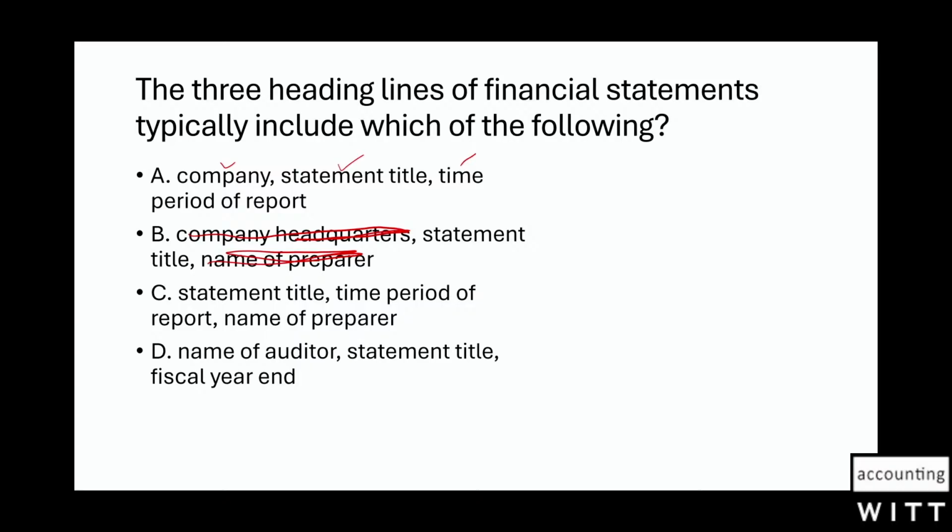I mean, unless it's audited, and then you care about the auditor, not the preparer. So, who cares about B? Yes, you need the statement title. Yes, you don't need the preparer. Okay, name of the auditor. Yeah, that could be good if there is an auditor. Fiscal year end.